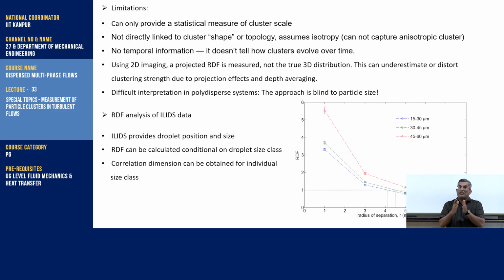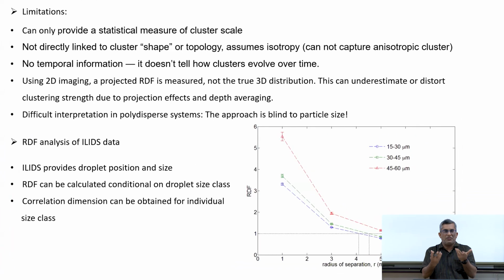Whether the cluster size distribution is broad or narrow, we do not know. This will be more meaningful if you have a narrow distribution of cluster size, but we have no idea about that. Next, it is not directly linked to cluster shape or topology. We do not know how a cluster would actually look.